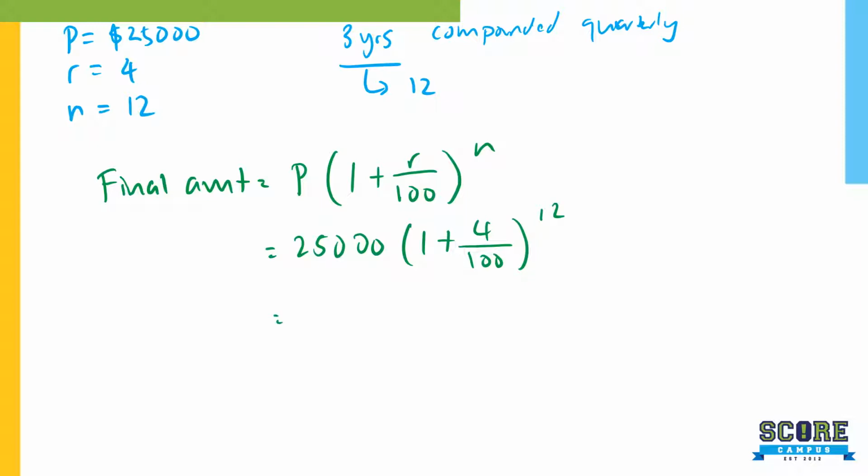Whatever answer you get here, that's the amount he needs to return. Let's put this as x. You take x minus 25,000, and that will be the total interest that he needs to pay.